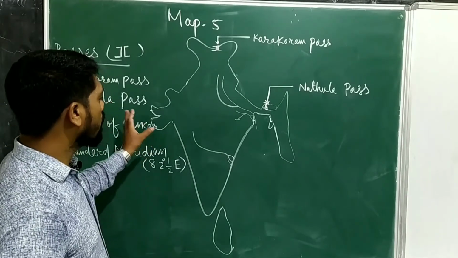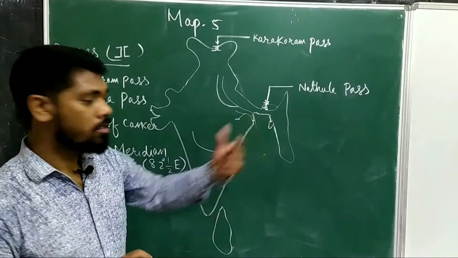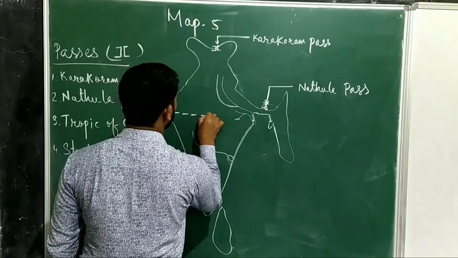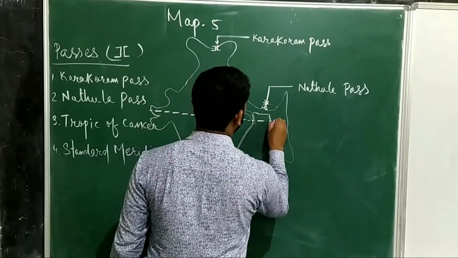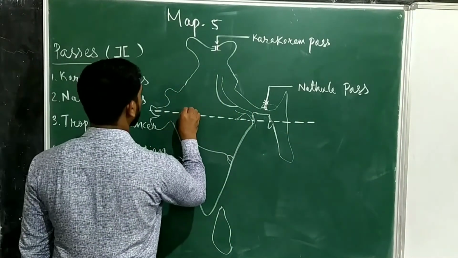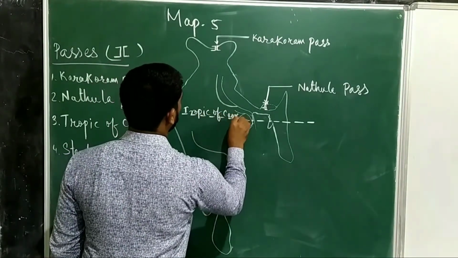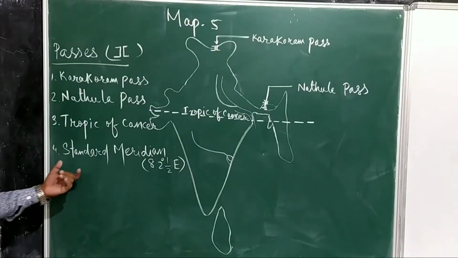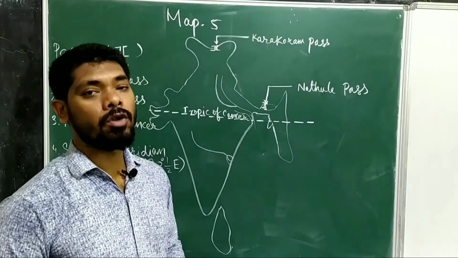The Tropic of Cancer should be marked with a dashed line, not one single line. With the help of skill, make a slightly curved dashed line. You have to draw it and then write over that Tropic of Cancer.